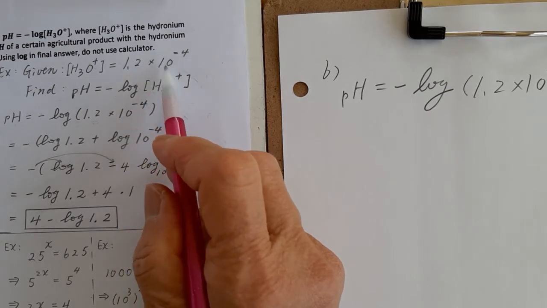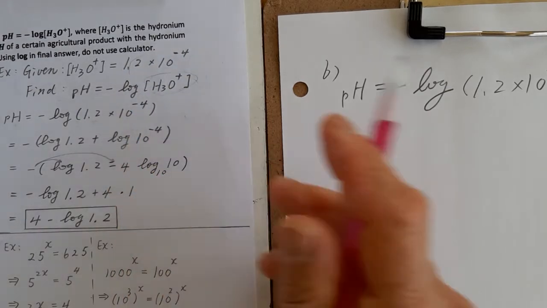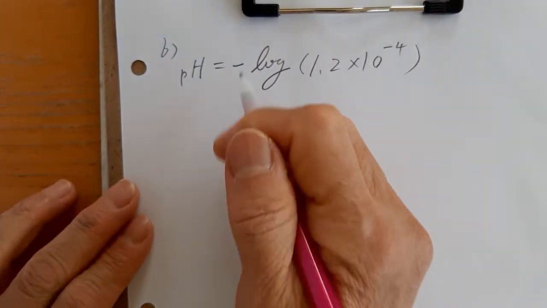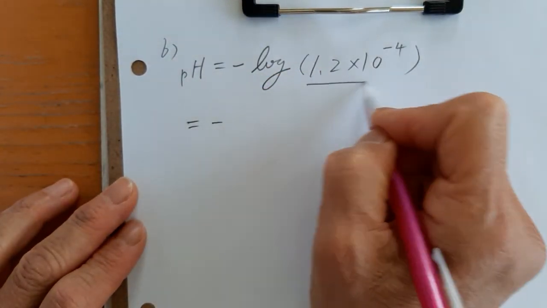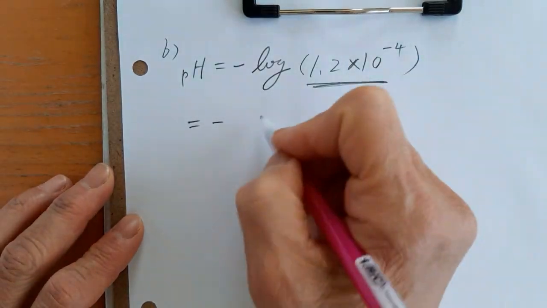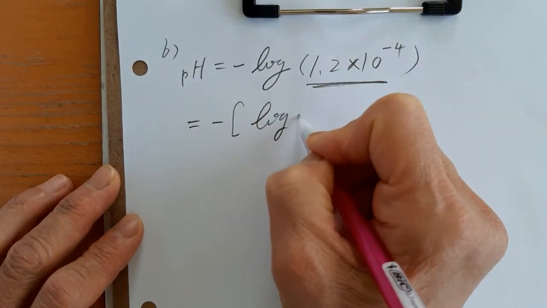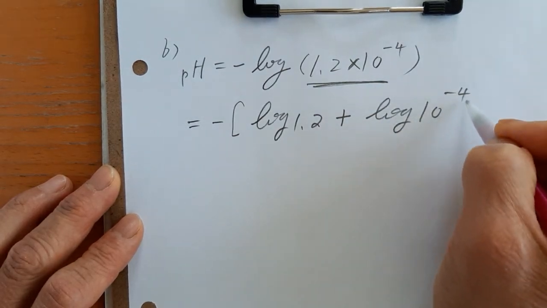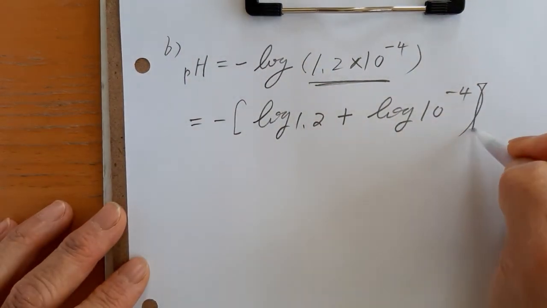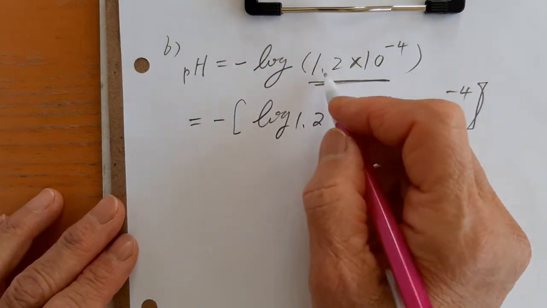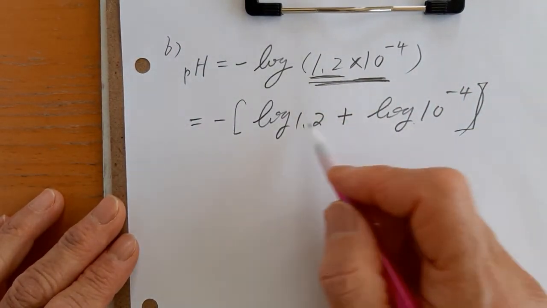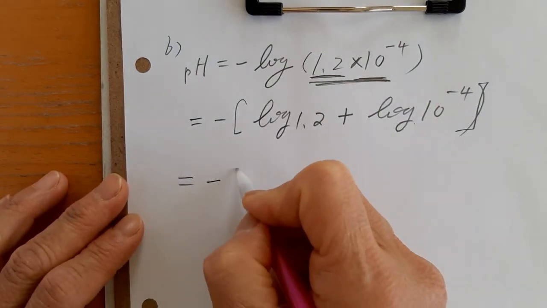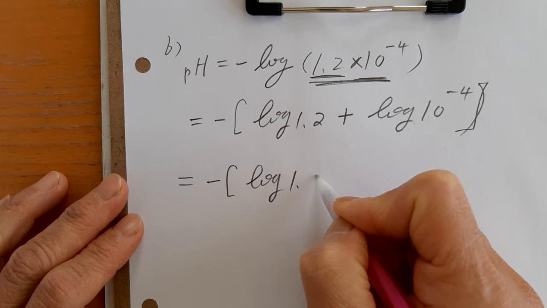Using the product rule, the multiplication becomes log 1.2 plus log 10 to the power negative 4. You add the two terms together, so negative log 1.2.